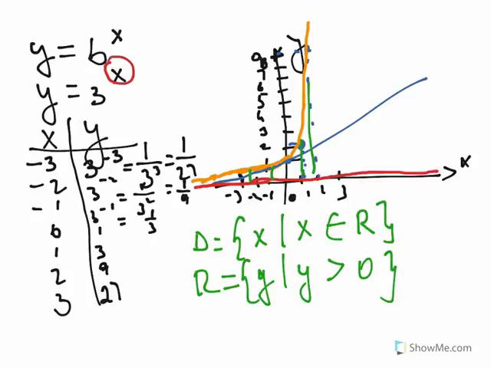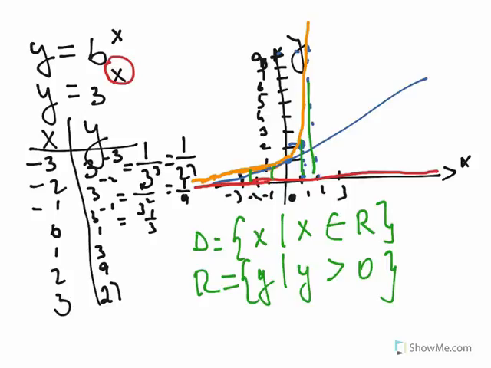To think about that, you have to think about the definition of the asymptote. We said the asymptote is a line that our graph approaches but never ever crosses. This means that we are not going to include the value y equals 0 because the graph is never ever going to cross the x-axis. So again, the x-axis is an asymptote and y is greater than 0. So that is the domain and range for that graph.